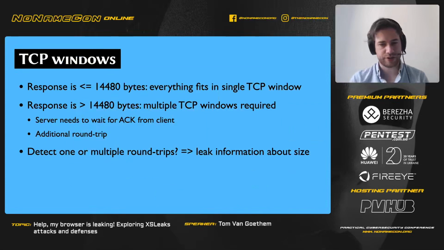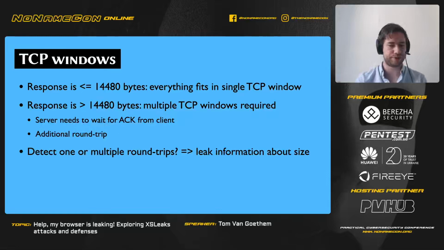As I've said, if it's less than 14,480 bytes, everything will fit in a single TCP window. If it's more, then multiple TCP windows are required, because the server needs to wait for the TCP ACK from the client, which will require an additional round trip.